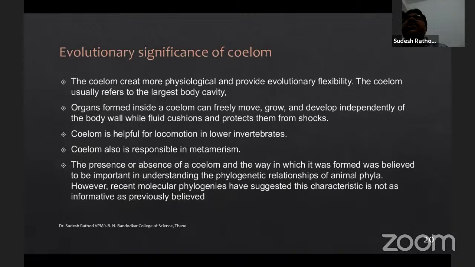The third evolutionary significance is that it helps in locomotion. If you try to see earthworm movement, there are certain videos available on YouTube. You can just search for earthworm movement. In that video, you will find that an earthworm moves by contracting its body and swelling, swelling and contracting. This is the way this animal moves from posterior to anterior.